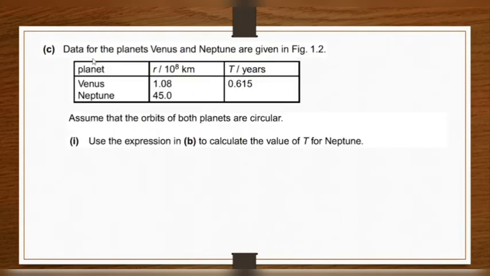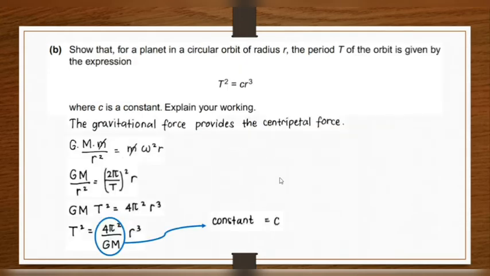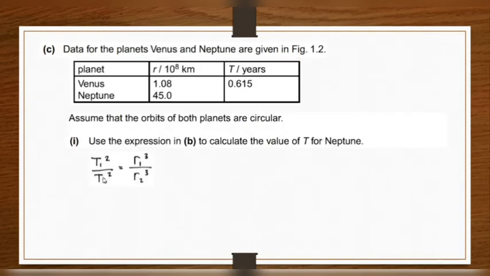And then we have the data for the planets Venus and Neptune given in this figure. And assume that the orbits of both planets are circular. So we want to use the expression that we have derived to calculate the value of period for Neptune. We know that T squared is equal to a constant times r cubed. So I can say that T1 squared over T2 squared is equal to r1 cubed over r2 cubed.